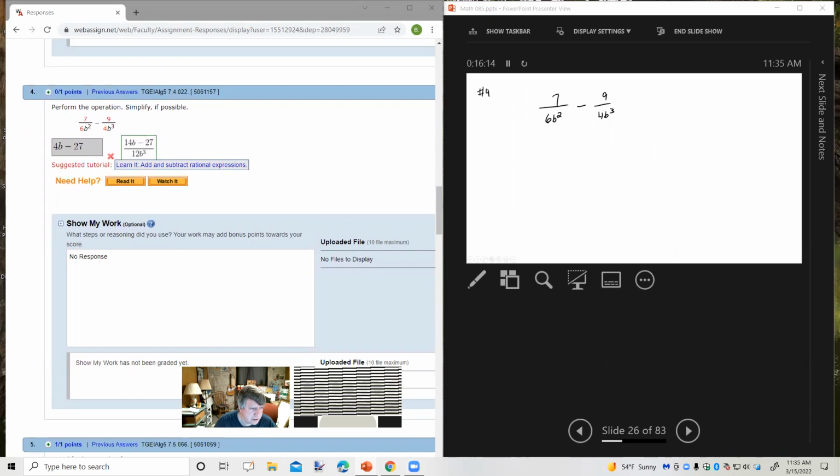So we need a common denominator. 6b squared, 4b cubed. This is 2 times 3 times b squared. This is 2 times 2 times b cubed. So we need 2 squared times 3 times b cubed, or 12b cubed, as the common denominator. Any questions about how I found that? No. All right.